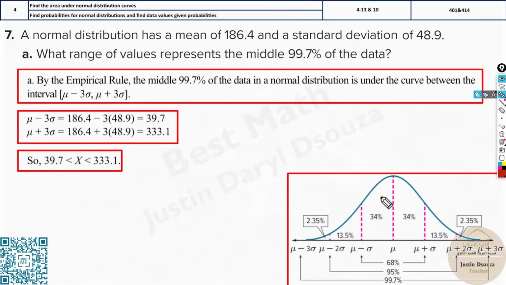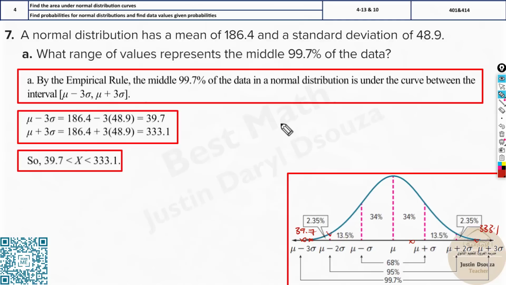So in this particular graph, for these particular values, this point, where is it? Somewhere over here. It's not entirely 100%, but here it's 39.7 for this value, and over here it is 333.1. Any point over here we consider to be x, and we will solve the z value later on.